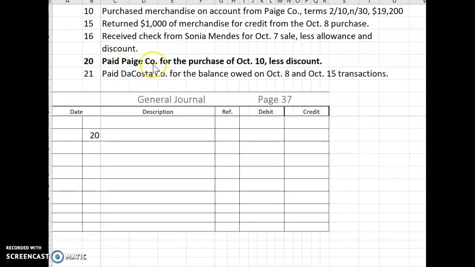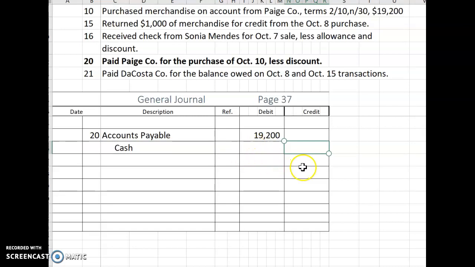Then on the 20th, we're going to pay Page Company for the October 10th purchase, where we purchased merchandise on account for $19,200. But there's a 2% discount if we pay within 10 days, which we're doing. So we don't have to pay the full $19,200. However, our full accounts payable is going to go away. So we're going to debit accounts payable to reduce our accounts payable by the full amount, but the amount that we need to pay is going to be 2% less.